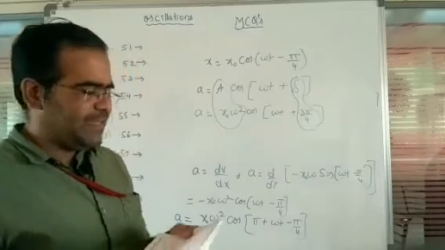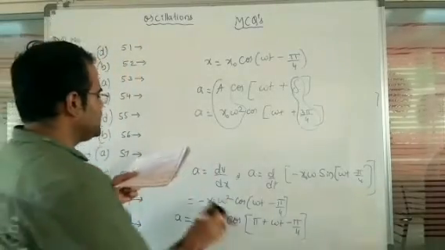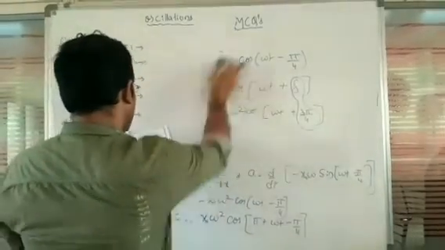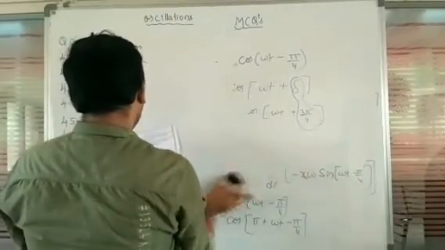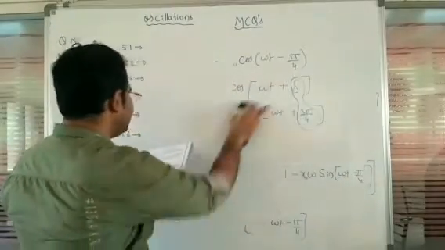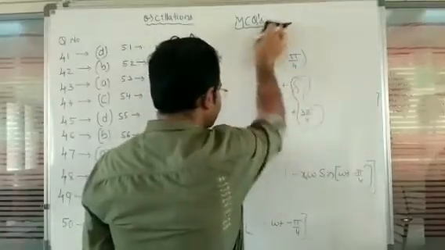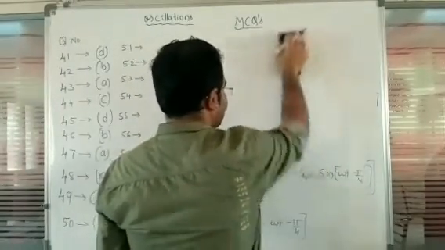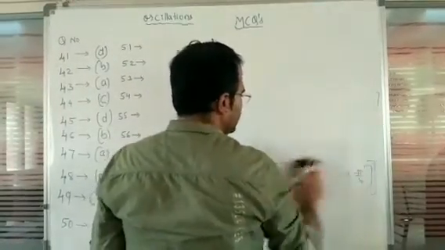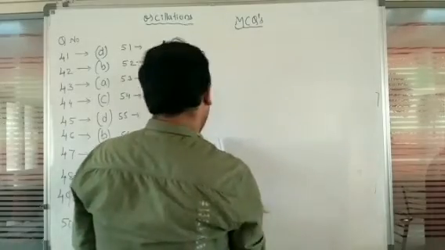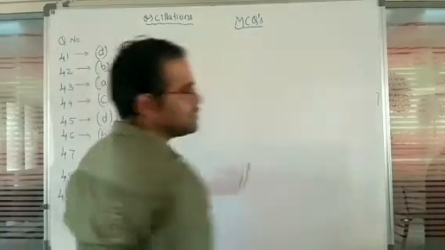Here it is given a particle of mass m executing a simple harmonic motion about the origin along the x-axis. Its potential energy is given by U is equal to k modulus of x cube.